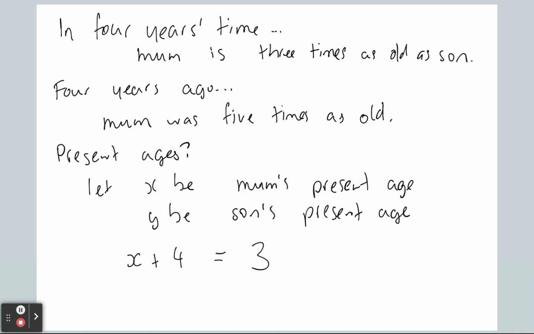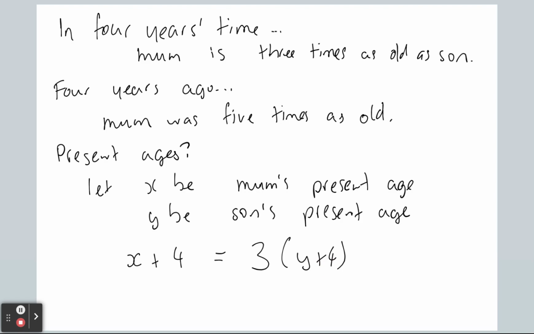But the son's age also changes over time. In 4 years' time, Y, which is the son's present age, would be Y plus 4. It'd be the son's present age plus another 4 years.